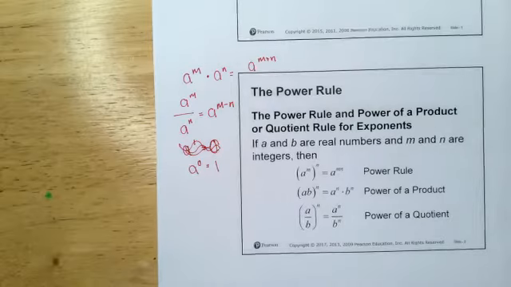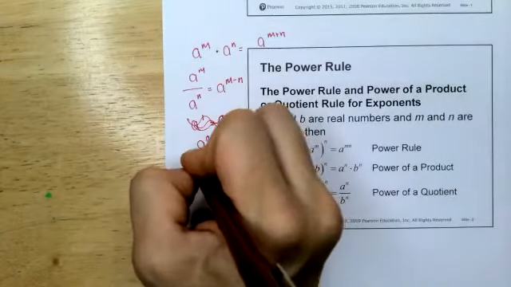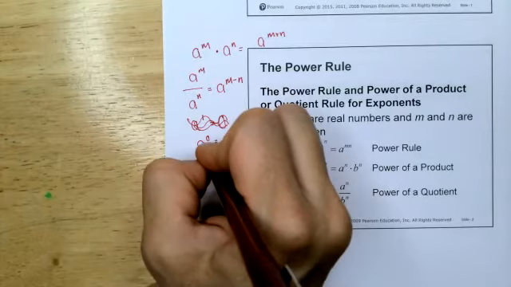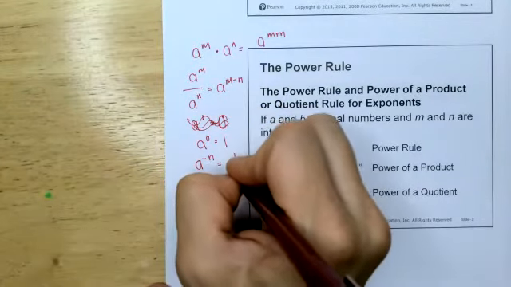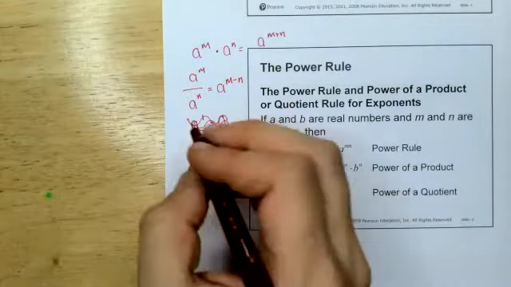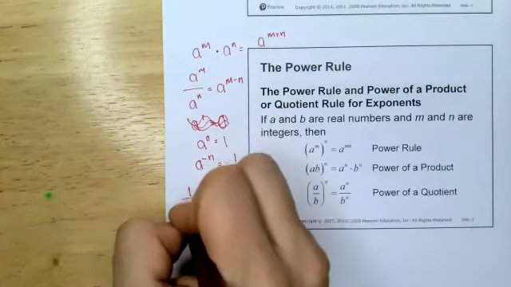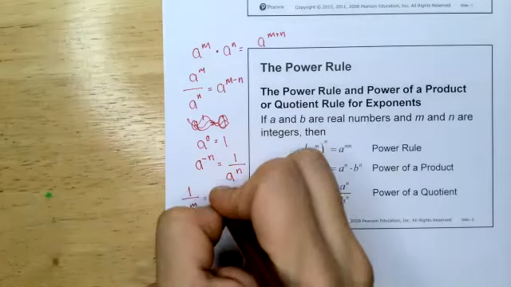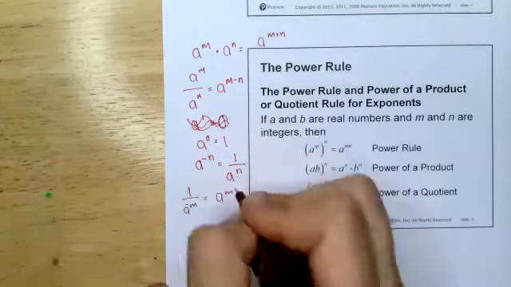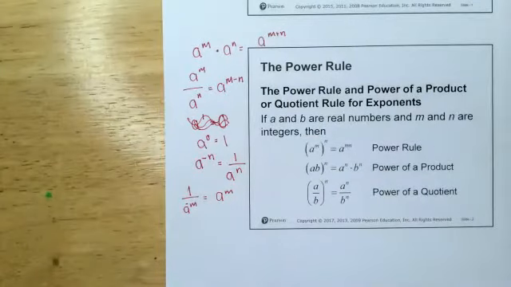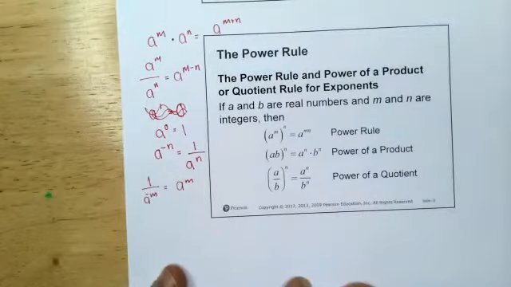Don't make my mistake. We also know anything raised to the negative power can be turned positive. If it's negative down here, it becomes positive by putting it on the top of the fraction bar. Good. All right, so this is what we know right now. We've already learned this in 5.1.